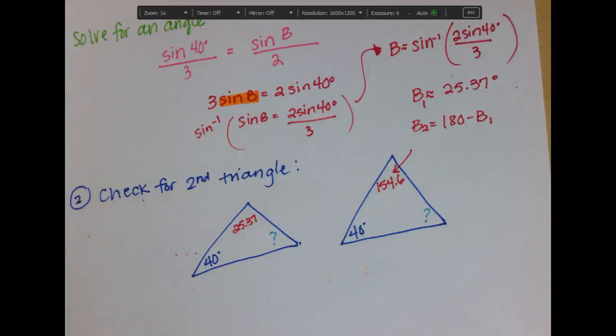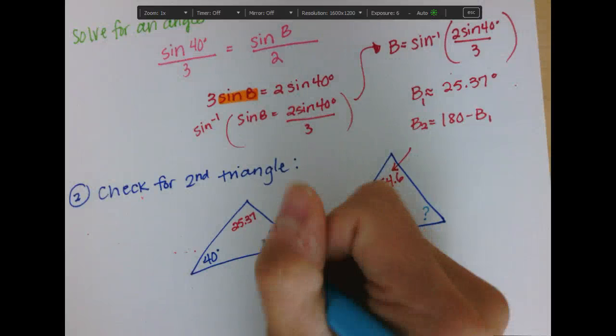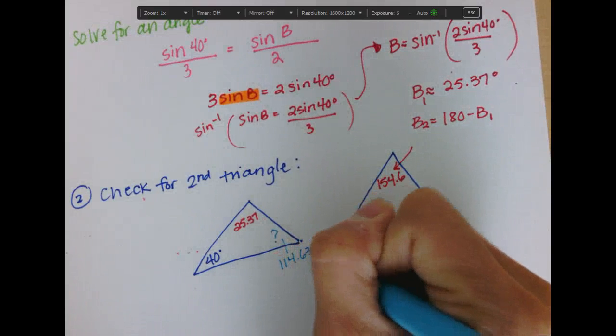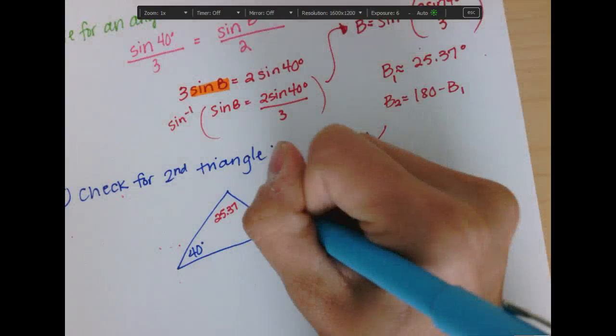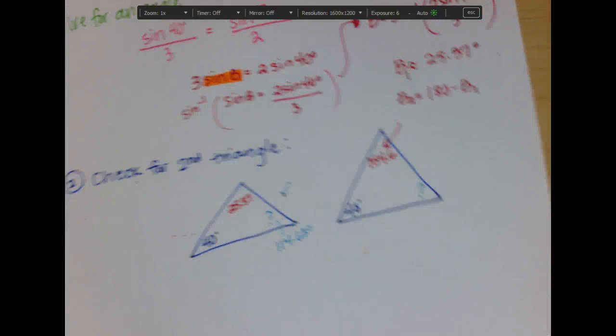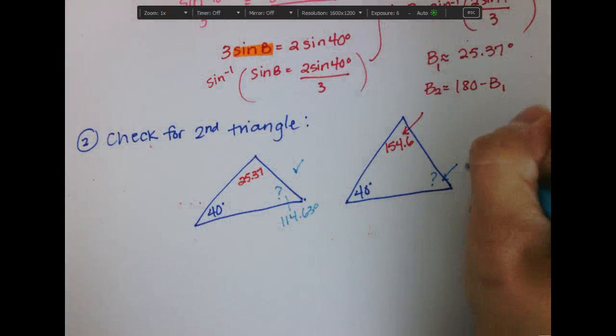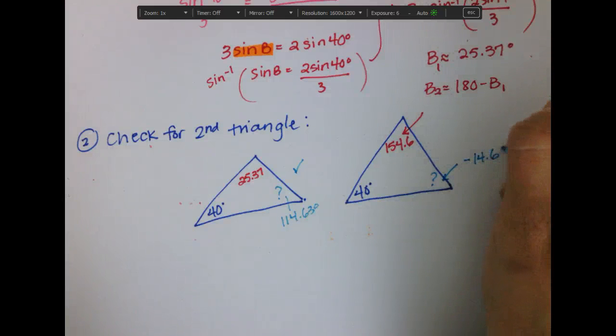I'm using my calculator here to do the subtraction from 180, and I get 114.63 degrees. So that triangle definitely works. Let's look at the second one. If we take 180 and subtract 40 and subtract 154.6, we're going to get negative 14.6 degrees.